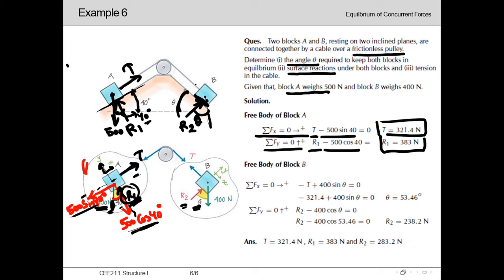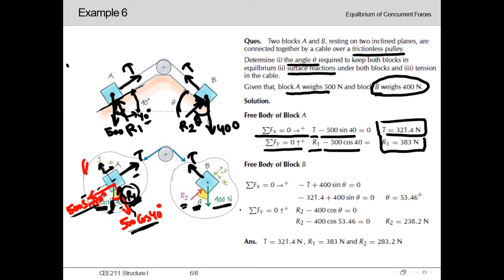Moreover, we have a tensile force for this tension cable T, so denoting it with T. In our question the self weight is given as 400 Newton for block B, which will be acting perpendicularly downward. So 400 we have written here.